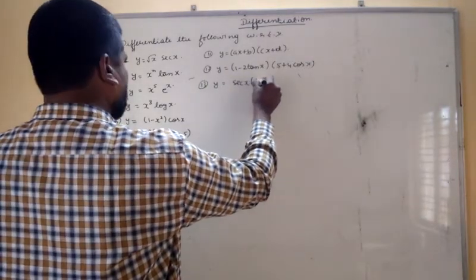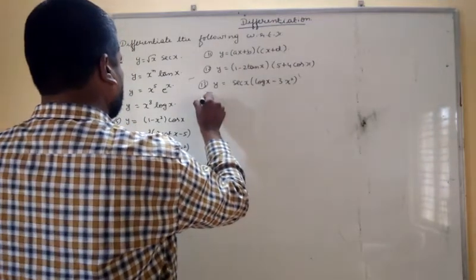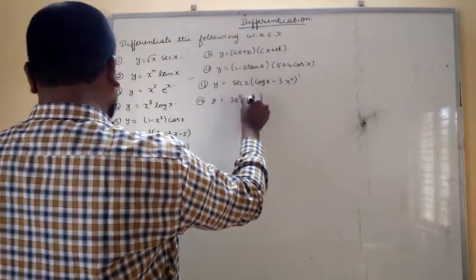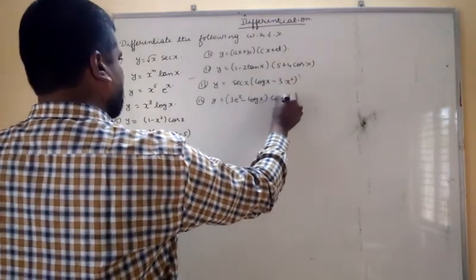Secant x into log x minus 3x square. 3 to the power of x minus log x into cosecant x.